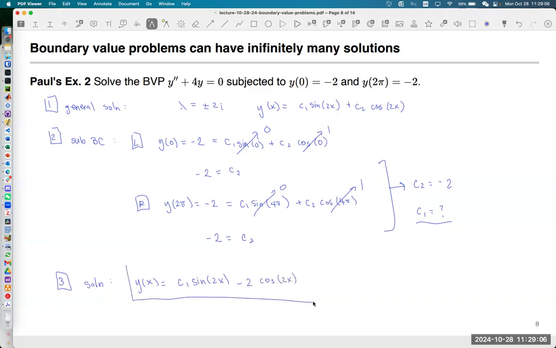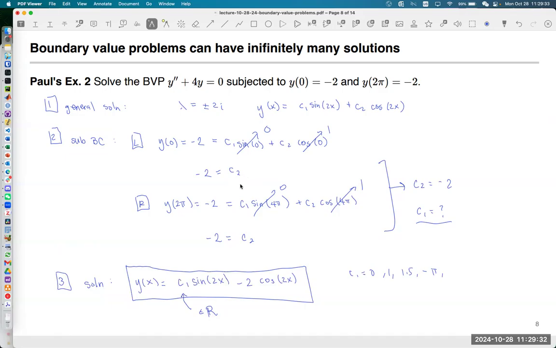So this is our final solution. And we found that this solution has a constant here that should be real. And so we have infinitely many solutions. So we can do c1 is equal to 0, 1, 1.5, minus pi, whatever. So we have infinitely many solutions in this case because these two boundary conditions only constrain one of the constants, but not the other.